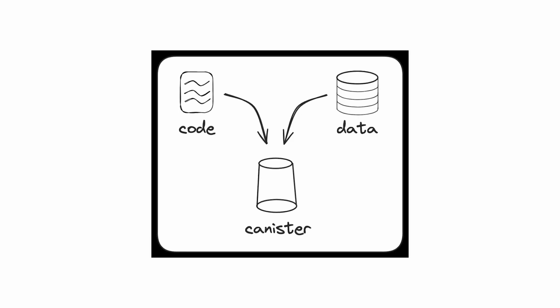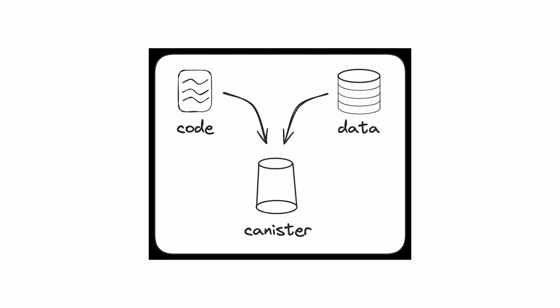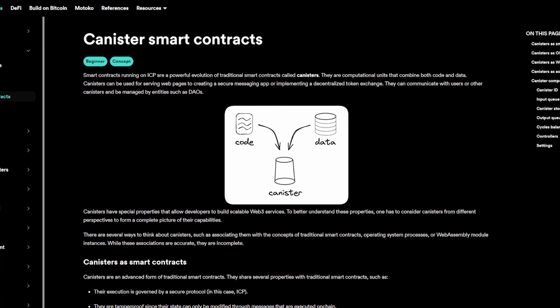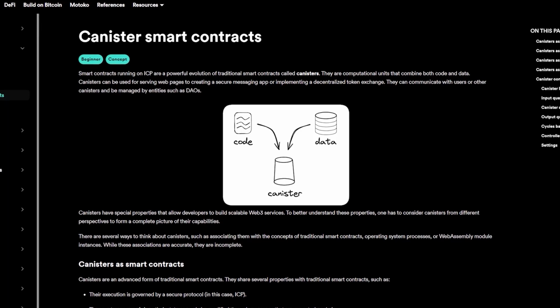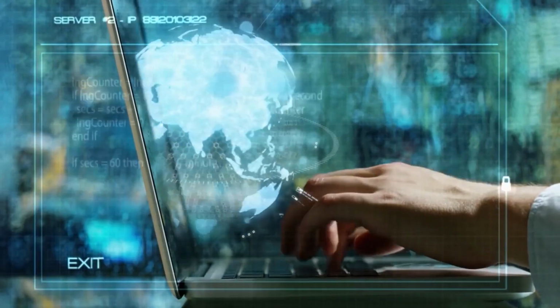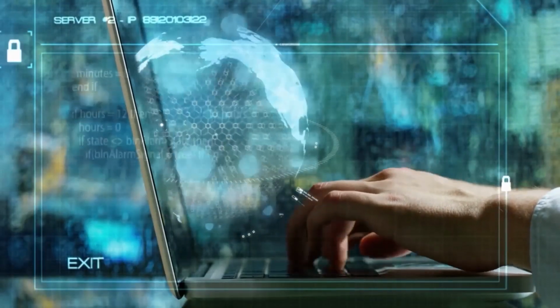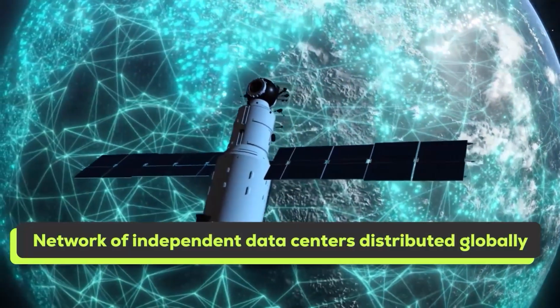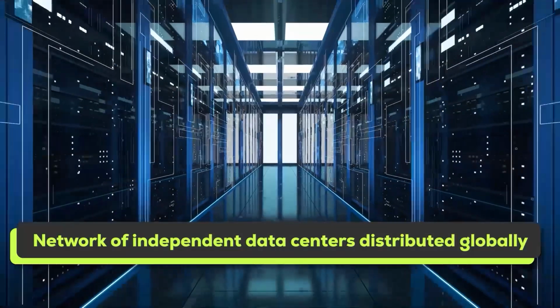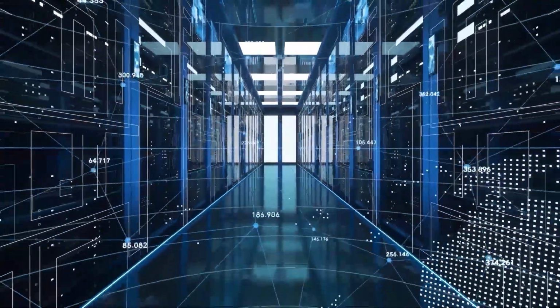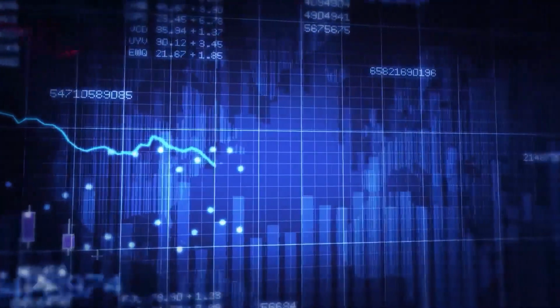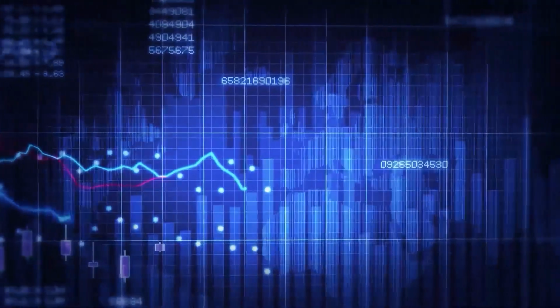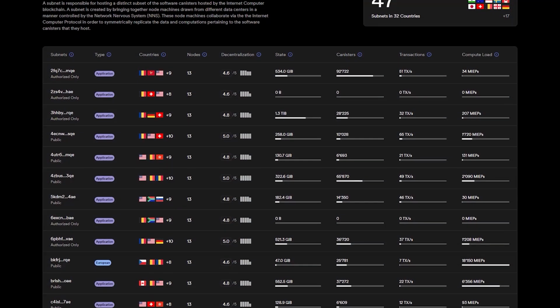Internet Computer uses a unique architecture built around canisters, which are upgraded smart contracts capable of storing data, serving web content, and performing computation. Canisters run on a network of independent data centers, distributed globally, coordinated through cryptographic consensus. Unlike most blockchains, ICP separates consensus from execution through a system of subnets.